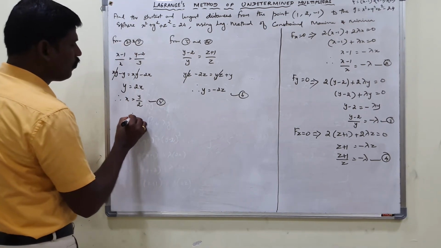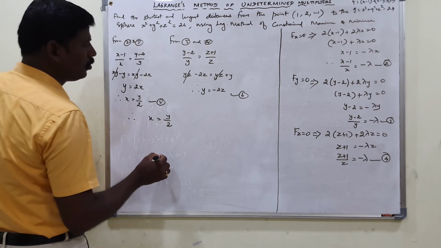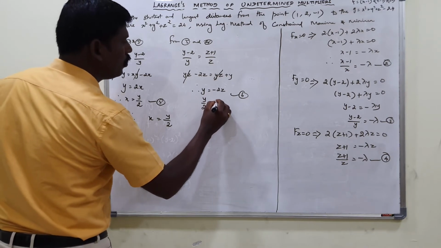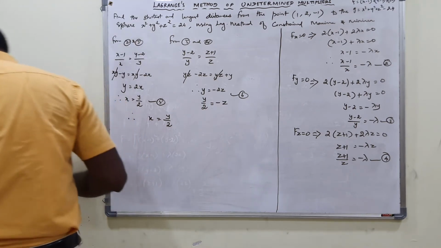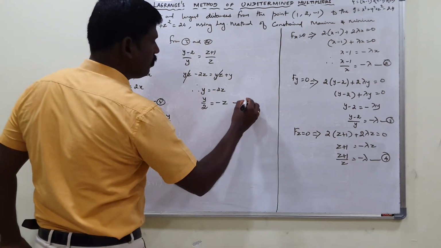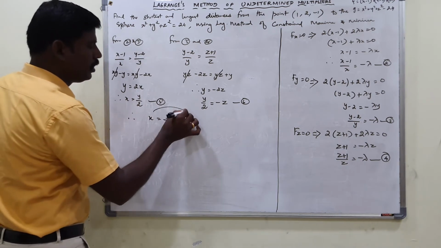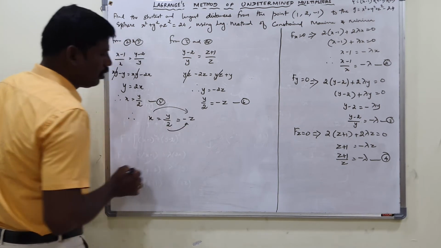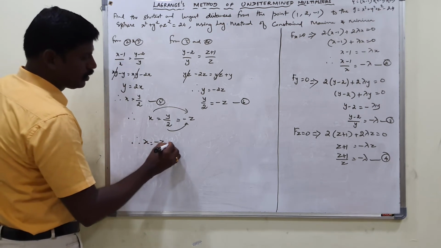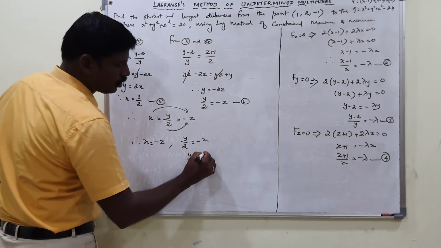From all these three, therefore, what you get? X equal to y by 2. And y by 2 equal to what? What is y by 2? Minus z. Isn't it? I call this equation number 6. But y by 2 is equal to what? Minus z. Right? I am going to equate x and y by 2 with minus z. Therefore, x equal to minus z and y by 2 equal to minus z. So y is equal to minus 2z.